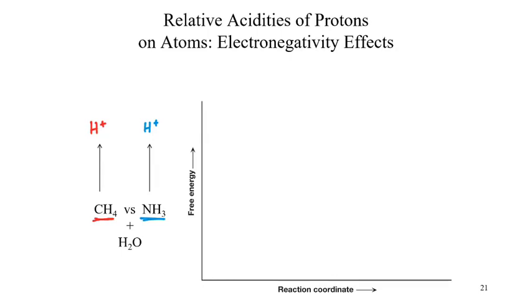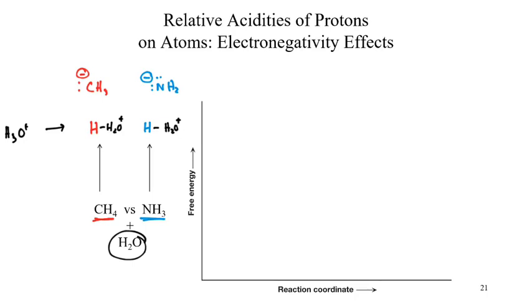That H+ is officially going to get picked up by water, so we could go through, if we wanted to make sure that we had this balanced, and write this in as H2O positive. So we're producing, in either case, H3O+. What else is produced? Well, I'd get CH3 with a negative charge on that carbon, or I'd get NH2 with 2 lone pairs, because it started with 1, a negative charge on the nitrogen.